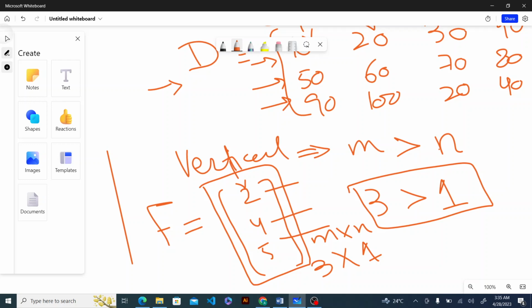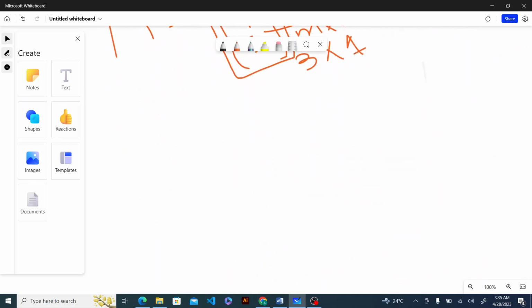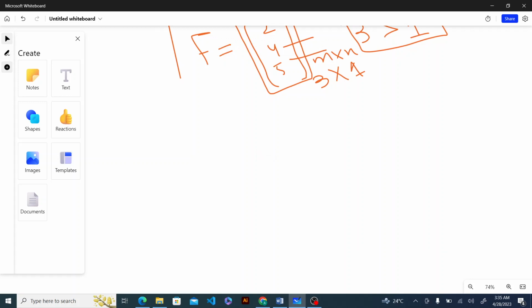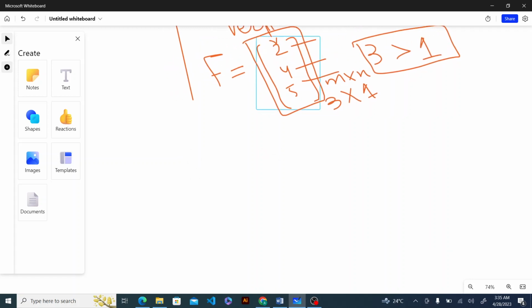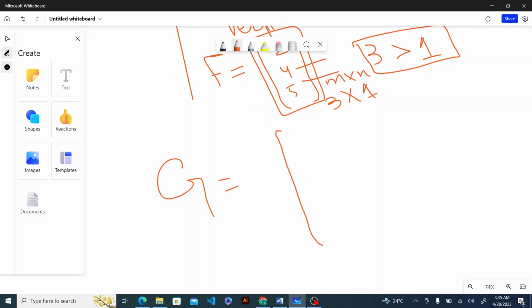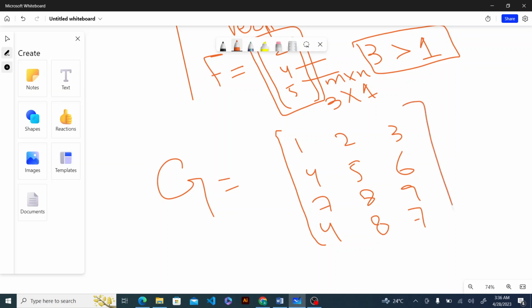Let me give some more examples of vertical. In this matrix G, we have 4 rows and 3 columns.